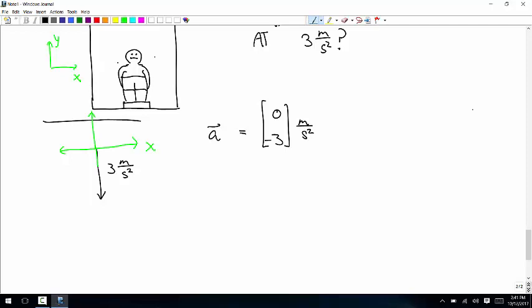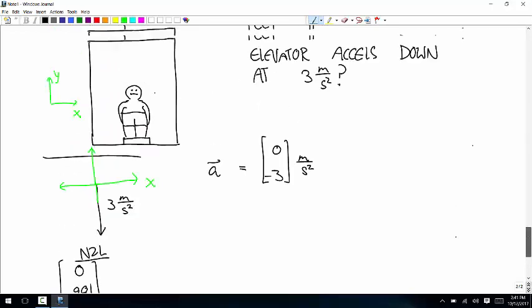The only forces acting on the person are the weight, the force of gravity, and the force the scale applies to his feet. So Newton's second law says the force applied by gravity is 0, negative 981, because he still has a mass of 100 kilograms.